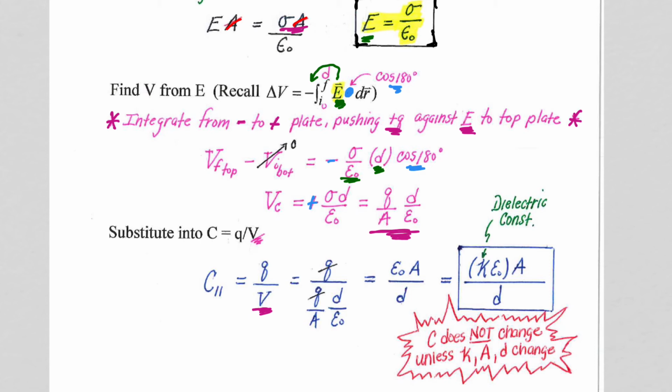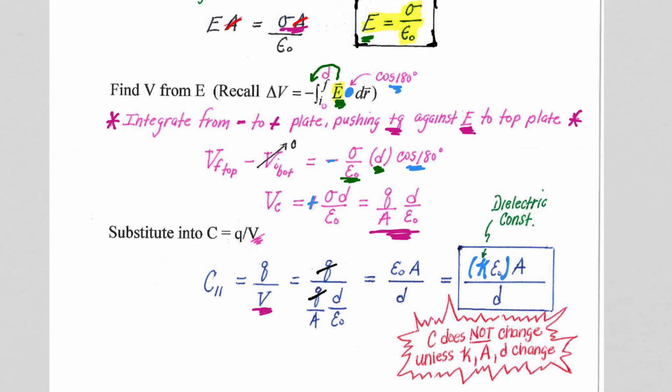Capacitance in general, whether it's the parallel plate, cylindrical, or spherical capacitor, always equals Q on V. We can see the Q's cancel out nicely, and we just rearrange it algebraically to get kappa epsilon naught A over d. The only addition that I put in was the kappa, that's our dielectric constant that we've talked about.